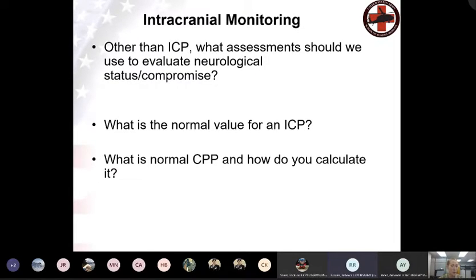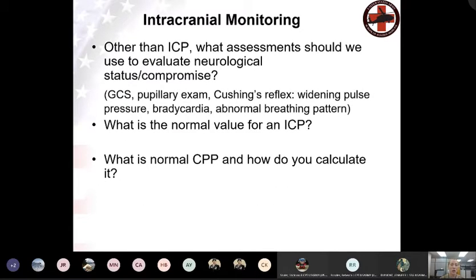Absolutely. Sergeant Dumont, what else should we be looking for for neurological status or compromise? Changes to the vital signs. Specifically what for me? Your pulse pressure. Okay. Yeah, exactly. So we might be looking for a widened pulse pressure or a change to our pulse pressure as well as potentially bradycardia.